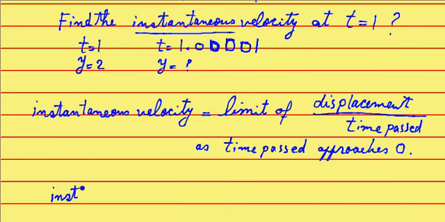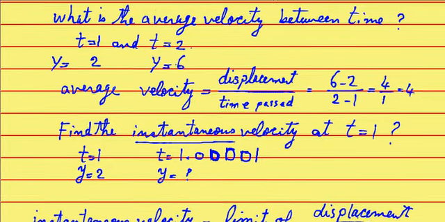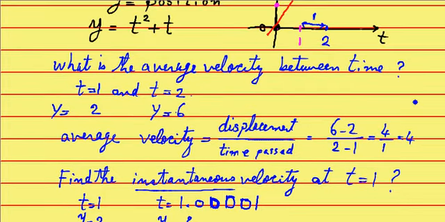Instantaneous velocity is equal to the limit of displacement. What is the displacement? Let's go back here. This is the position. It tells us the position of the object at any time.